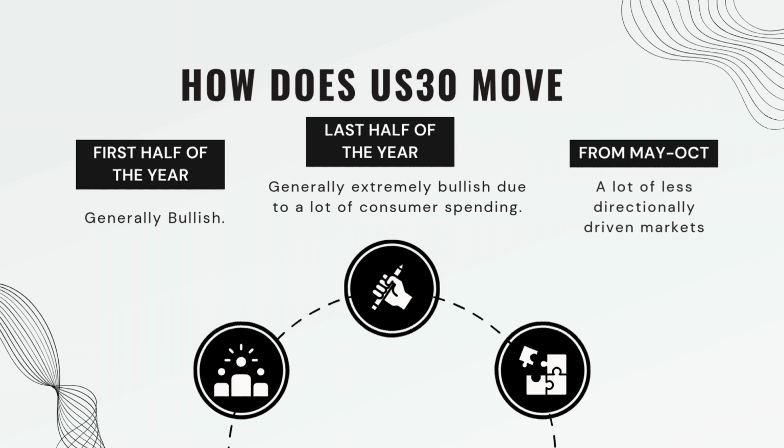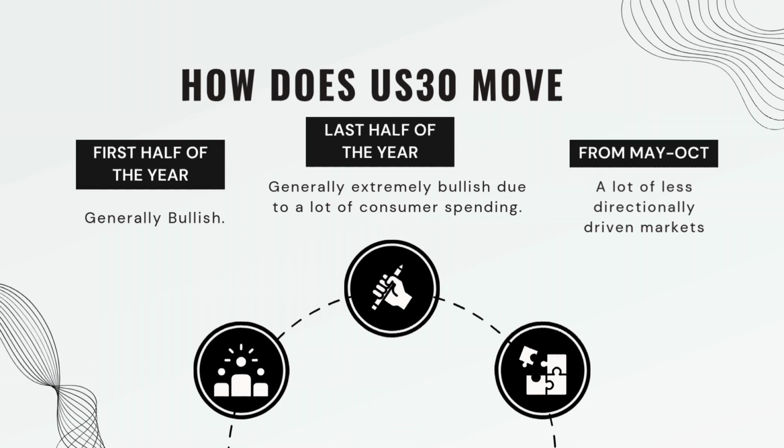The other part of the year which is also very bullish is the last half of the year, and this is because of a lot of consumer spending in the US. So from October to December, you want to be looking at bullish US30.